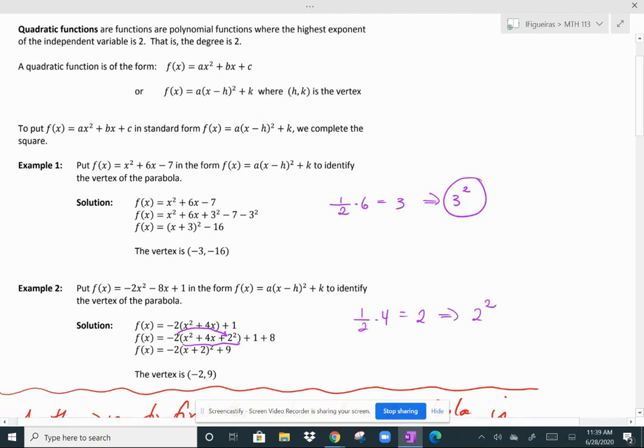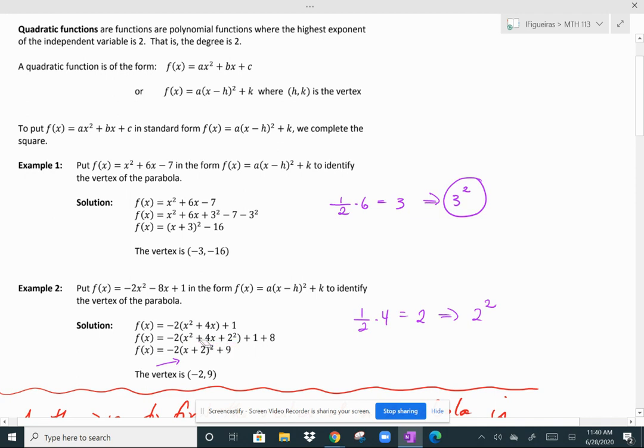Since this distribution is negative 8, I have to add 8 in order for it to work out to just be 0. That leaves me with the next line, which is factor x squared plus 4x plus 2 squared, which is 4, and that gives me x plus 2 squared. The negative 2 is on the outside, that's fine, and then 1 plus 8 gives me 9.